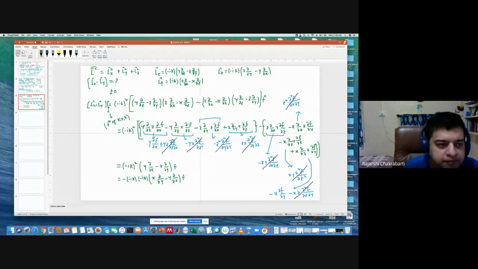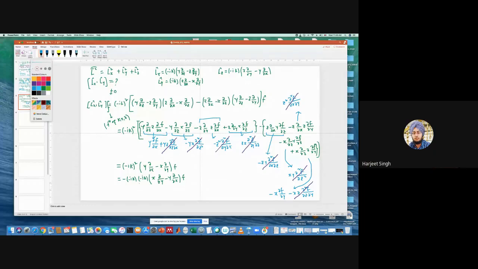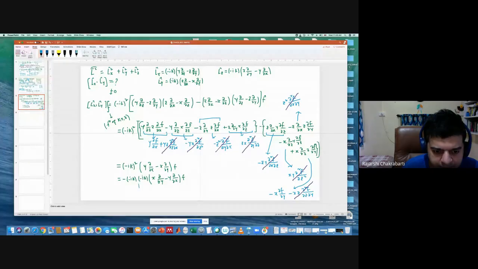Now what is this? This is your Lz. And what about this? What is this? It is i times minus 1, and minus i into minus 1 is iħ.